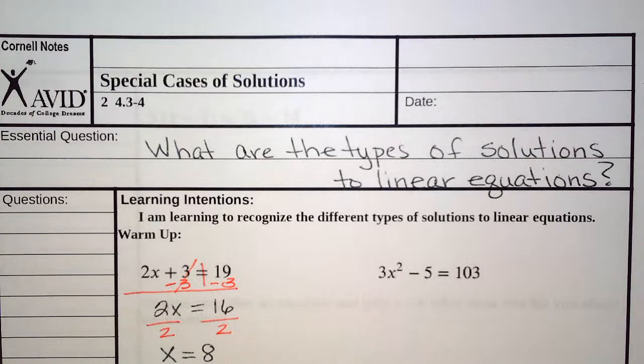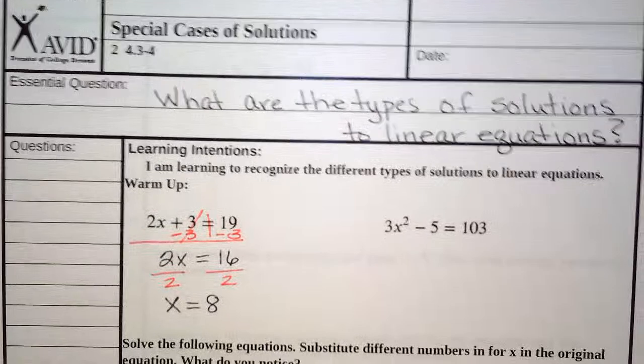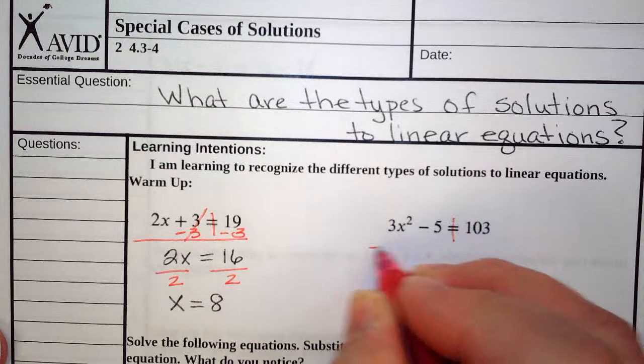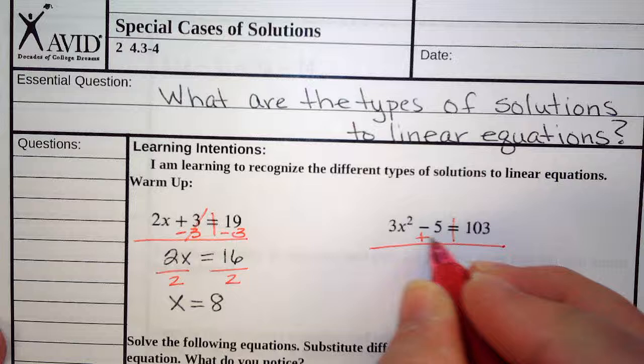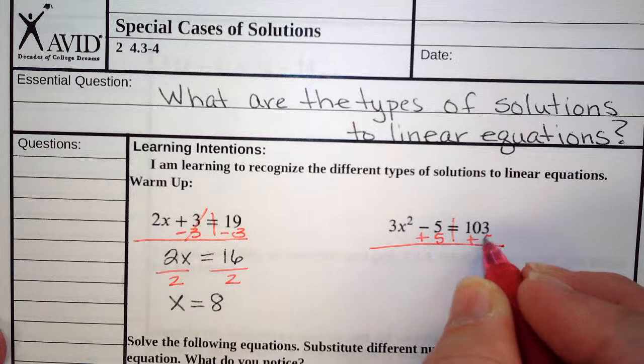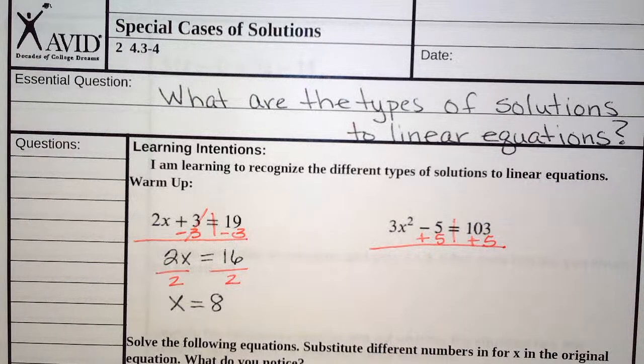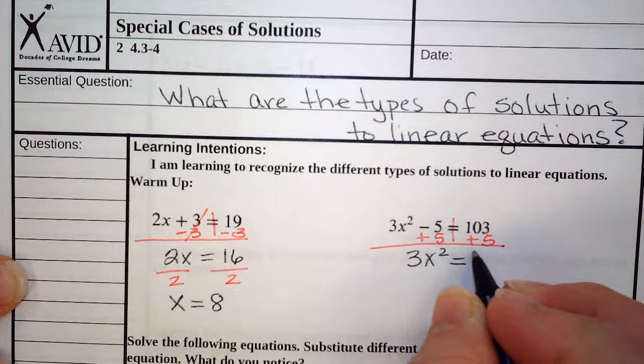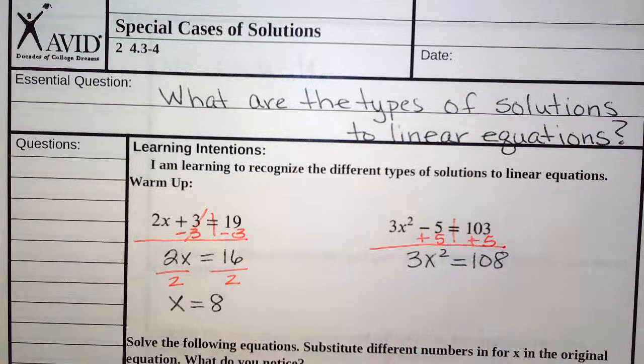Okay, on the next one, as we're looking at it, we've taken x, we've squared it, multiplied by 3, and then subtracted 5. What is my first step? I'm going to add 5 back to both sides. 3x squared is equal to 108.